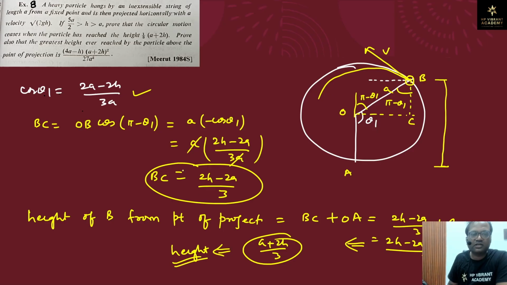Okay, let us calculate further. In the second part, what we have to show is that the greatest height ever reached by the particle is above the point of projection. Let us calculate this.